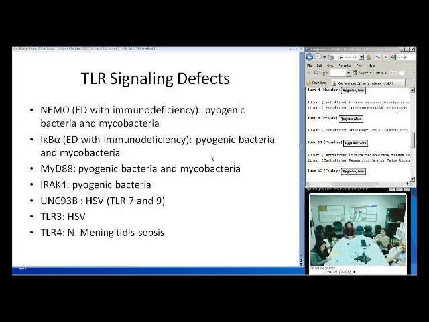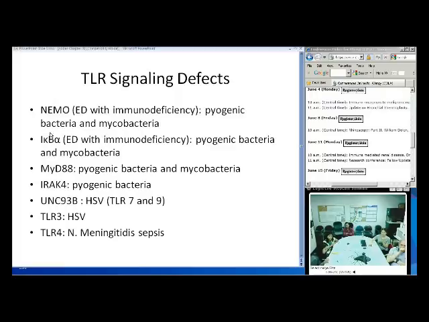Okay, so TLR signaling defects result in immune deficiency, and some of them with ectodermal dysplasia with immune deficiency. So there have been identified defects in much of the TLR signaling cascade, and depending on where it is is going to dictate where the defect is.